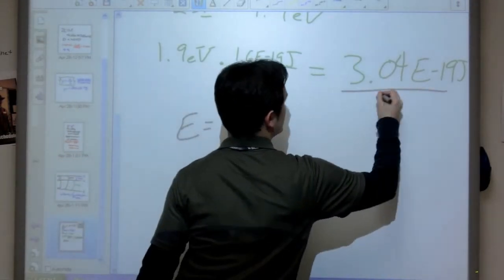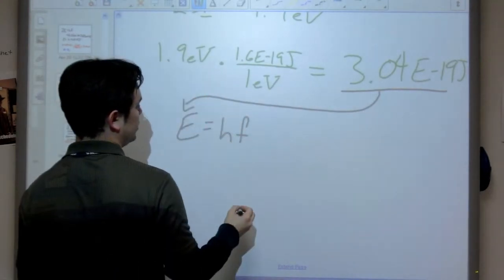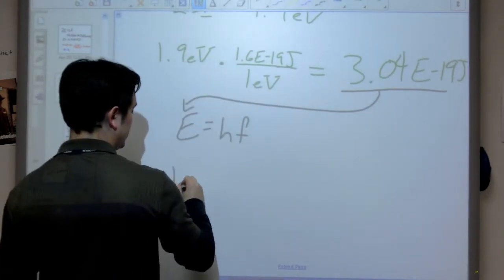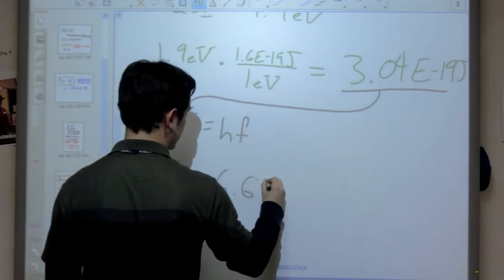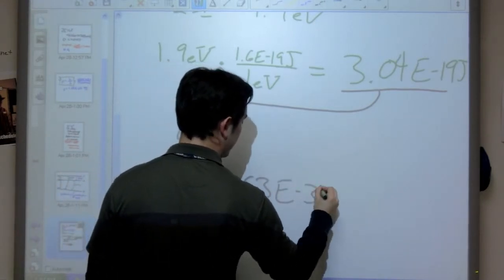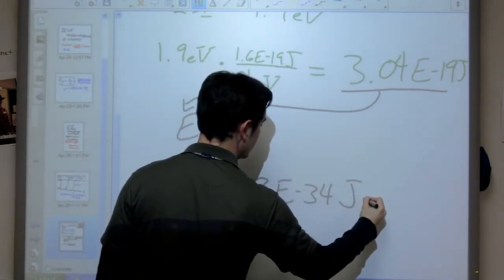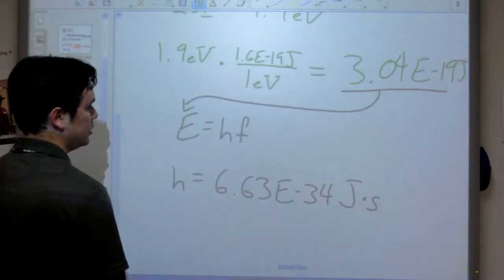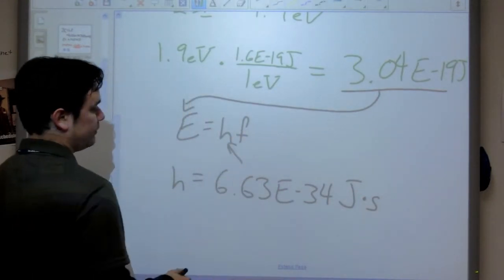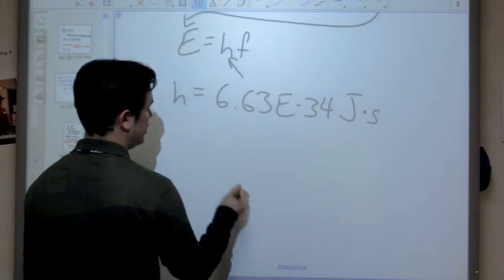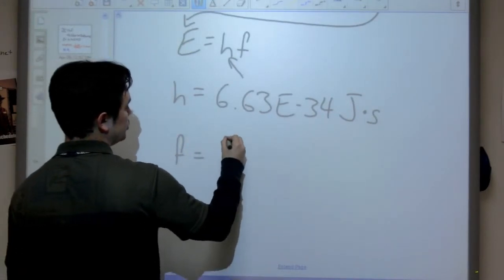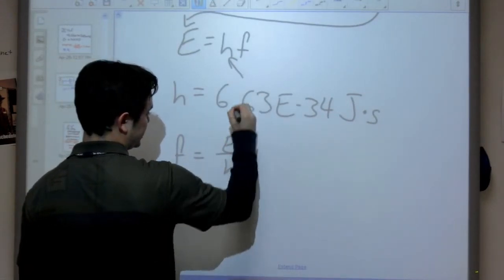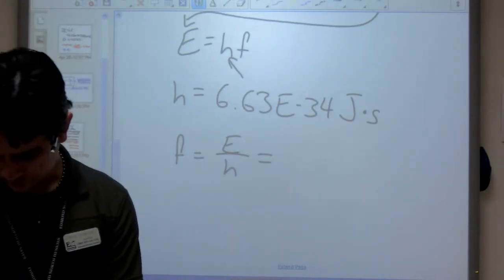So now I've got my energy, I'm going to plug that in. I know Planck's constant, h, that's 6.63 times 10 to the negative 34th joule seconds. So I can find my frequency. In this case, f will be equal to our energy divided by Planck's constant. So I put that in.